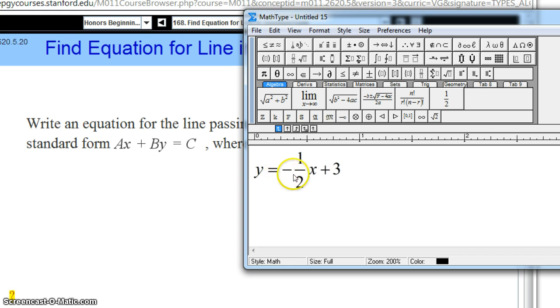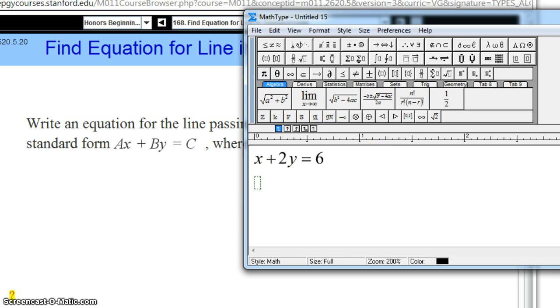So maybe I will add this term to both sides, negative 1/2 x. So if we add that, it becomes positive on this side. And then we also want integers, so maybe I'll multiply the entire thing through by 2 to get rid of this 1/2. So we'll get x plus 2y equals 6.